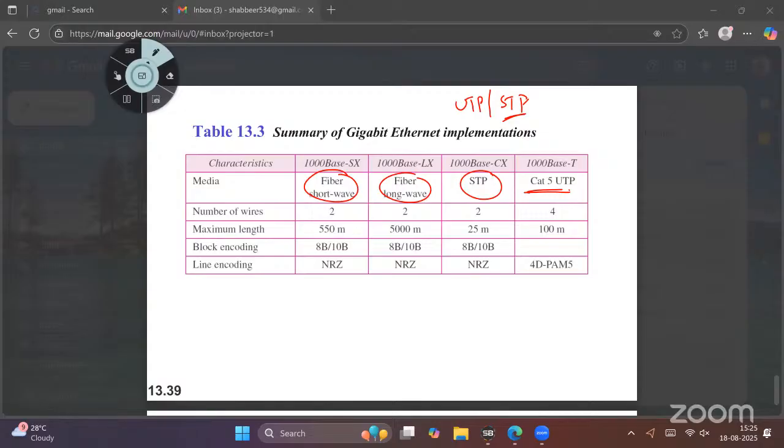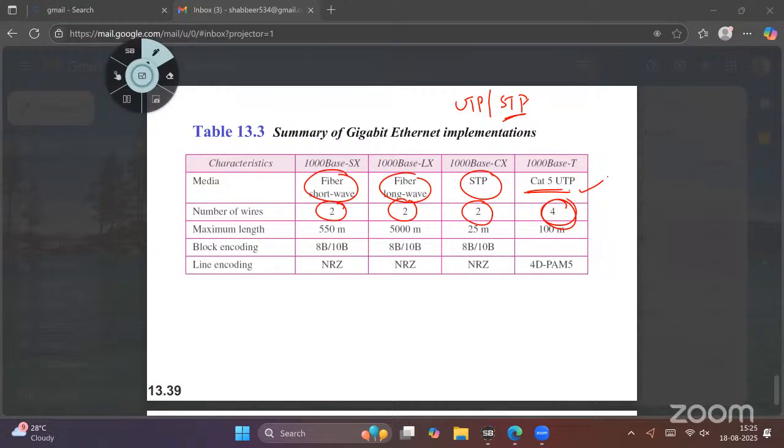Already yesterday I told total 7 categories. Cat 1, cat 2, category 3, category 4, category 5, category 6, category 7. So nowadays we are using only cat 7. And here we need to use 4 pair.